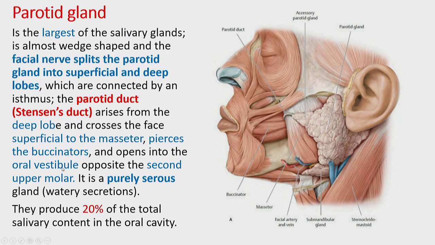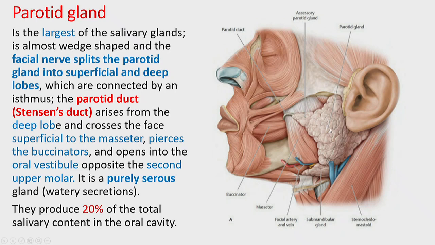Be careful, not the oral cavity proper, but the oral vestibule, opposite the second upper molar, at the place called the parotid papilla. If you look at your cheek region in the oral vestibule opposite the upper second molar, you see an elevation of the mucous membrane called the parotid papilla, and if you press it, you see saliva coming out. This is the orifice of the parotid duct, or Stenson's duct.